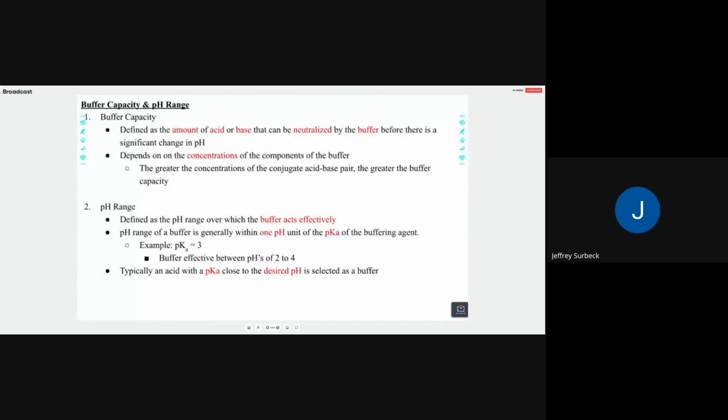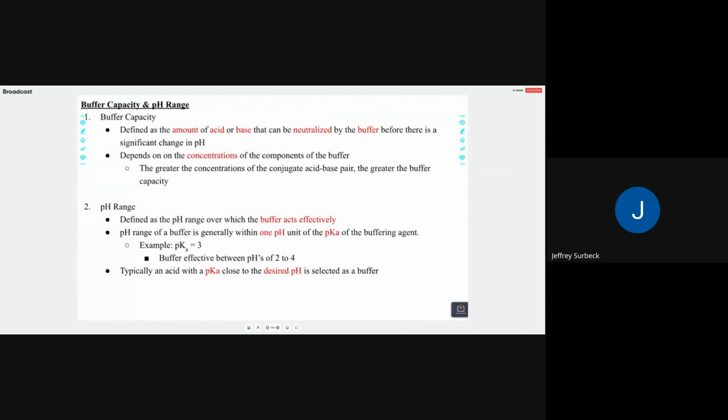All right, with a buffer, there's a couple things with a buffer. I'm going to actually start down with point number 2. Buffers have a specific range, and that specific range is within plus or minus 1 pH of the pKa value.